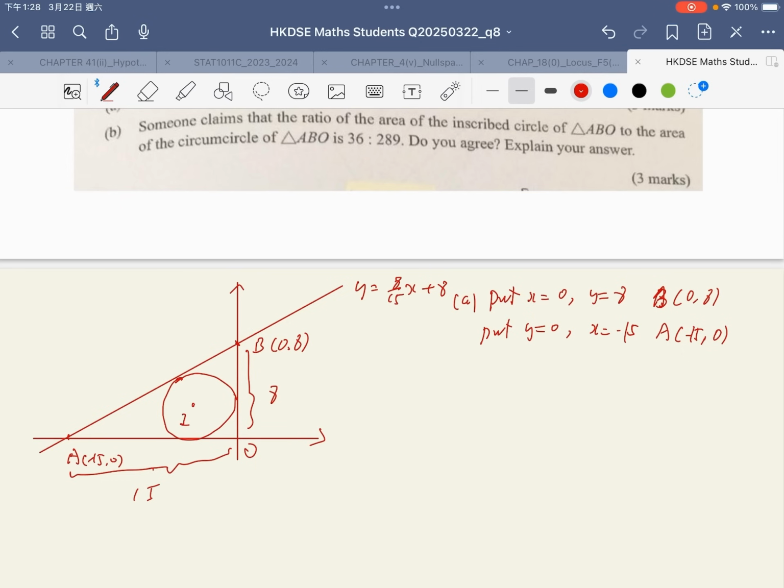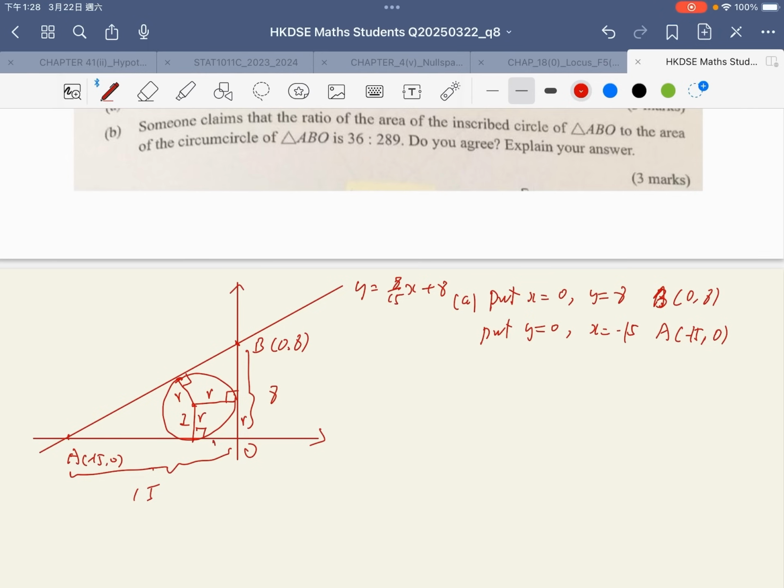Here I draw the center I and draw 2 perpendiculars to the x-axis and y-axis respectively. As the x-axis and y-axis are 2 tangents, there's a 90 degree angle between them, and let the radius of the incircle be R. Then I draw this also.